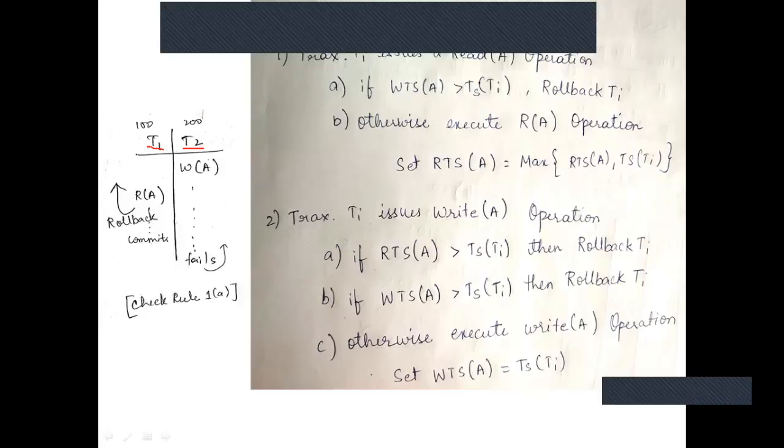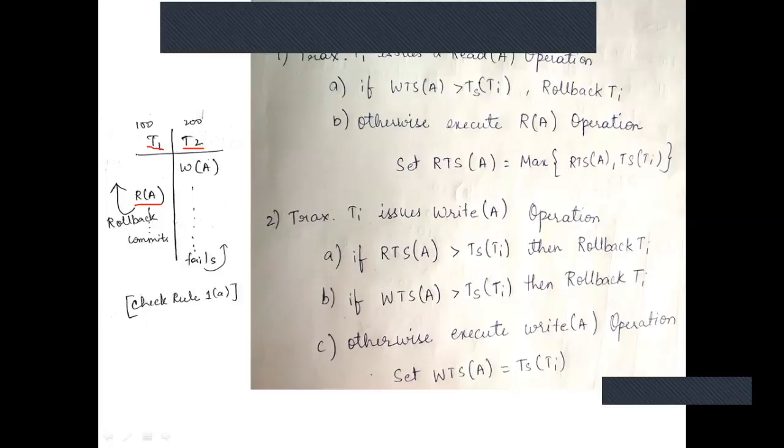Now whenever T1 wants to perform a read operation, we shall go through these rules. Ti is nothing but transaction T1 here. It issues a read operation, so I will check the WTS of A, whether it is greater than TS of Ti.